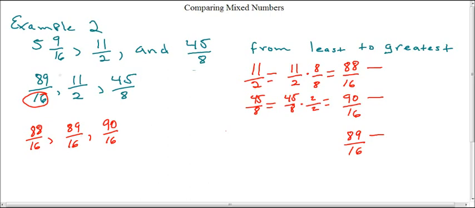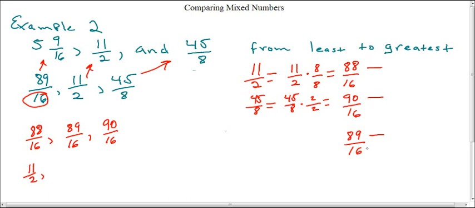Now we can also go back and literally use our original numbers, and we can say that the least number will be 11 over 2.